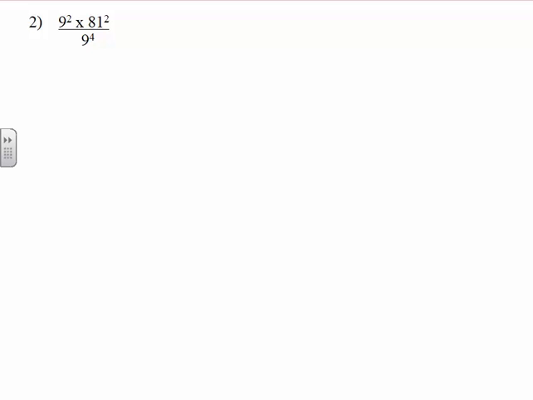So instead, why don't we convert each of these into equivalent exponents with the base 3, and then use our exponent laws. So for example, 9 can be converted into 3 to the exponent 2, and then still raised to the 2. And 81 can be converted into 3 to the exponent 4, and then still be raised to the 2.